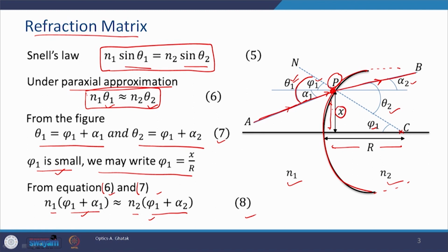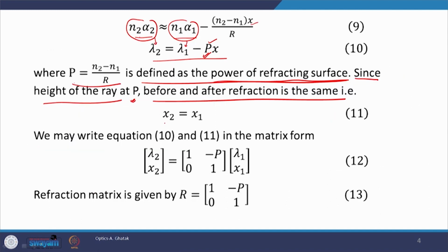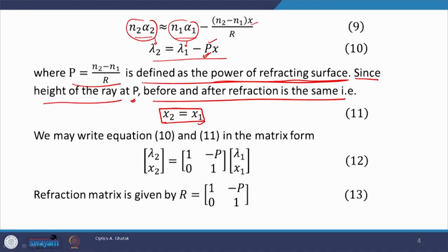Therefore, we can write that x2 is equal to x1. What are x2 and x1? x2 and x1 represent the height of the ray from the axis right after refraction and right before refraction. Since refraction is happening at point P, x2 and x1 would be equal, because the height of the point P is fixed, which is equal to x.